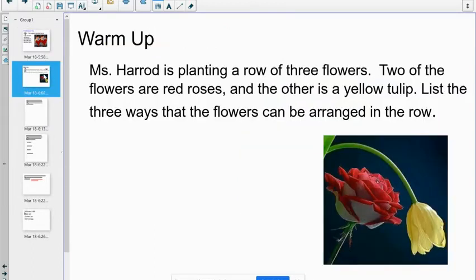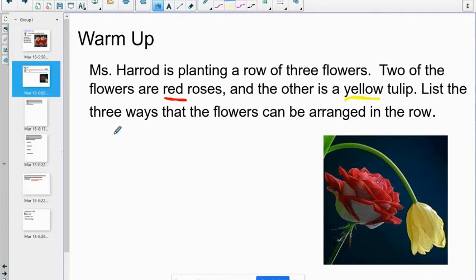For our warm-up today, Miss Harrod is planting a row of 3 flowers. 2 of the flowers are red roses, and the other is a yellow tulip. List the 3 ways that the flowers can be arranged in a row. So to do that, I'm going to first get my pen up here. So we have 2 red, and then we have 1 yellow tulip.